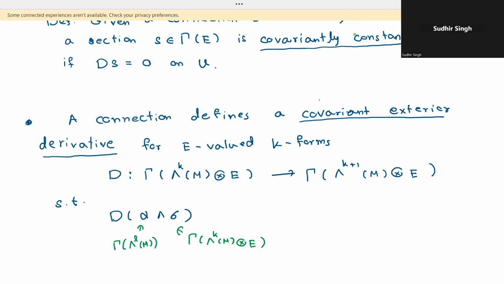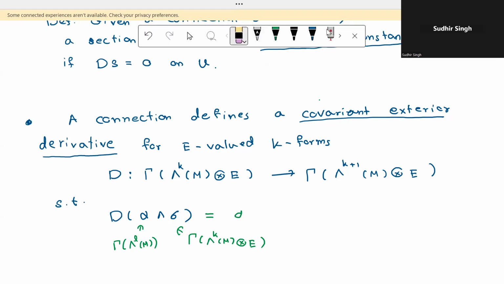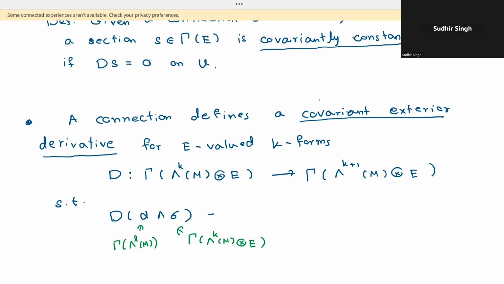This is just an l-form on M. And the covariant exterior derivative on this will have to satisfy this product rule. So d alpha with sigma.